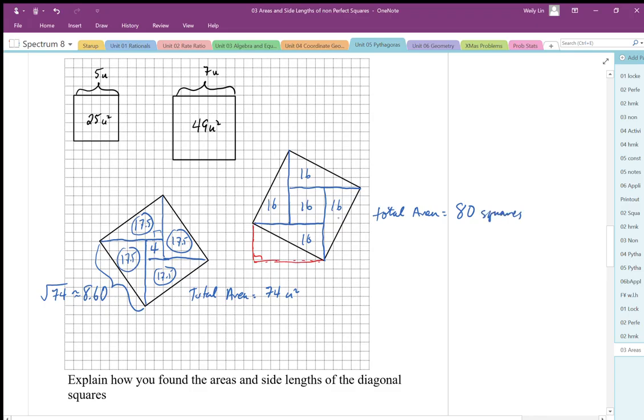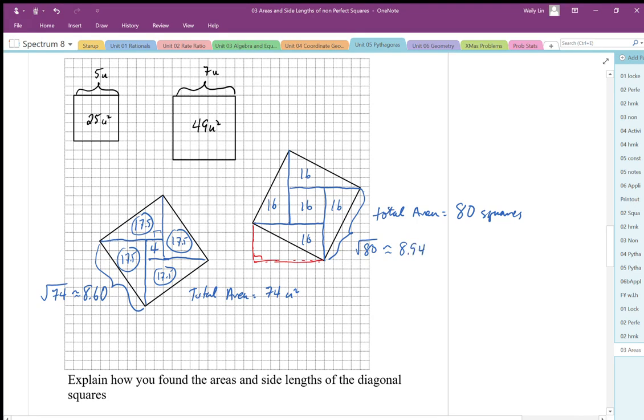Okay, and so the edge length of this works out to be the square root of 80. This square is just slightly bigger than that one, and it works out to the square root of 80, which is approximately, square root 80, and that gives me almost 9, so it's about 8.94.